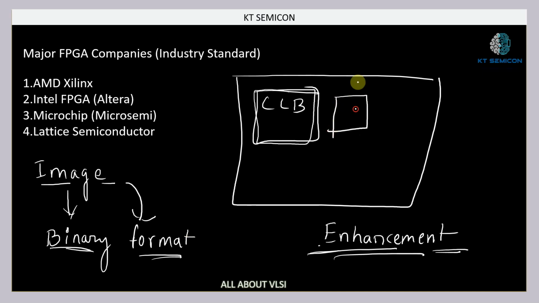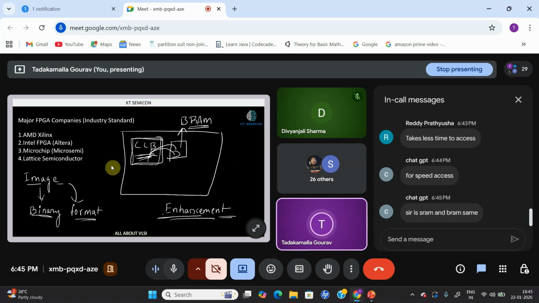If it is present inside your BRAM, then it is going to take very little time to take this data into the CLB, process it, and return it into the BRAM. So this is one application of BRAM, where you can fetch the data within less time and store the data within less time.